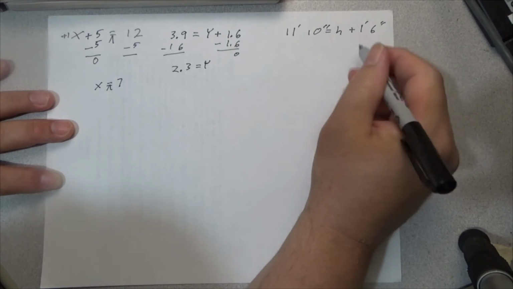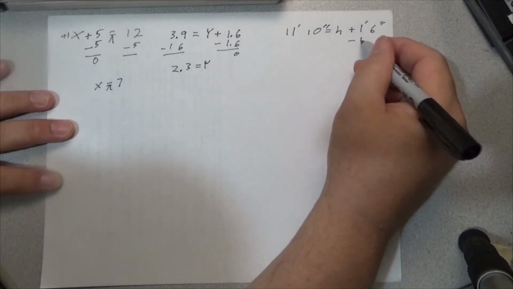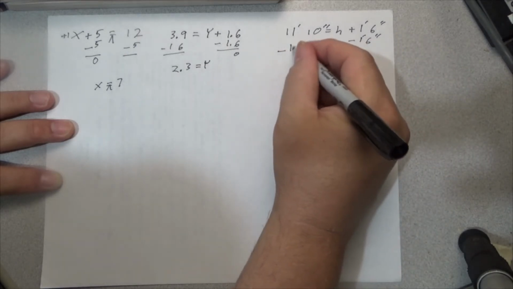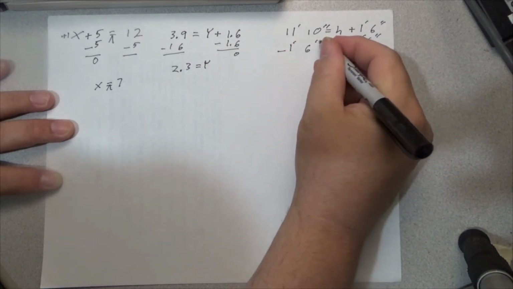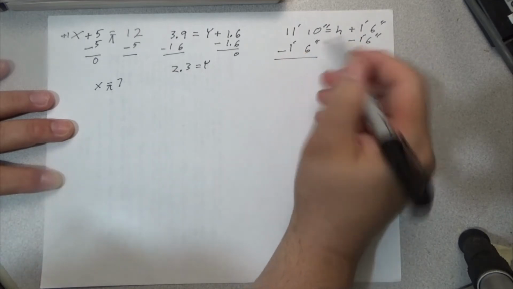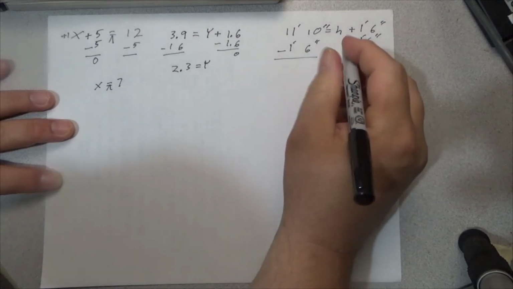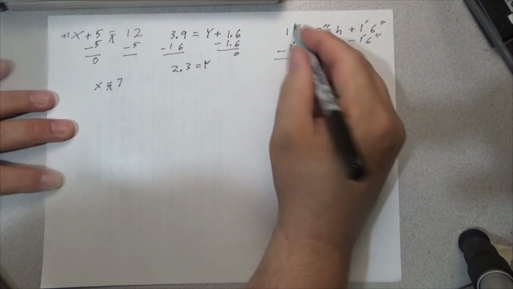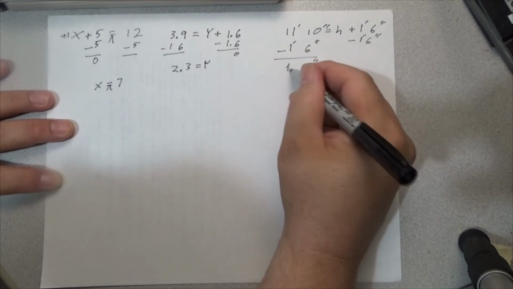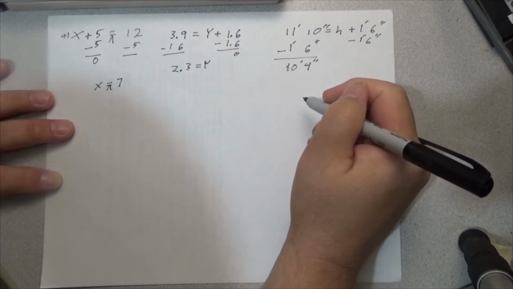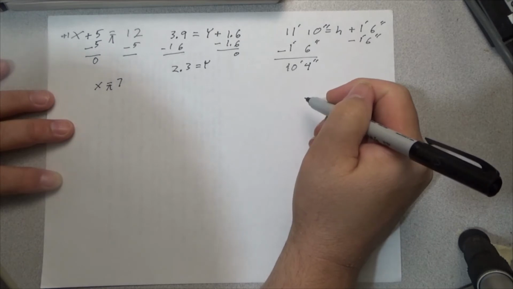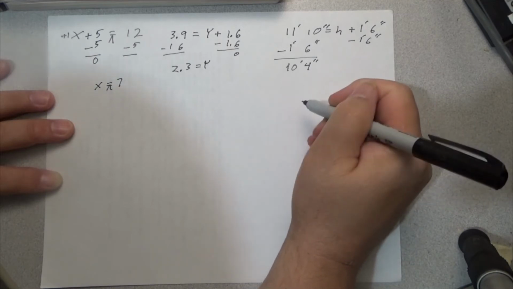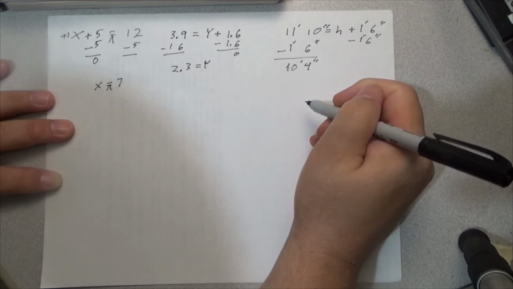So in order to find out what h is, I subtract 1 foot 6 inches from both sides. 10 is greater than 6, so I don't need to regroup or borrow at all. So 10 minus 6 is 4, so 4 inches, and 11 minus 1 is 10. So the height of the brick part would be 10 feet 4 inches.